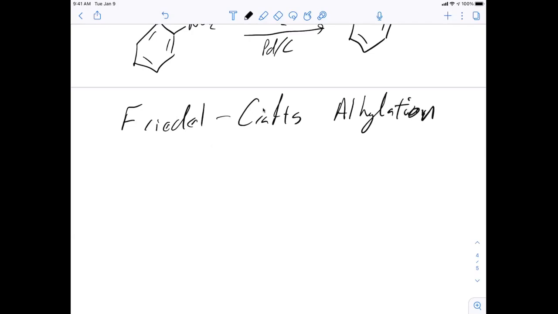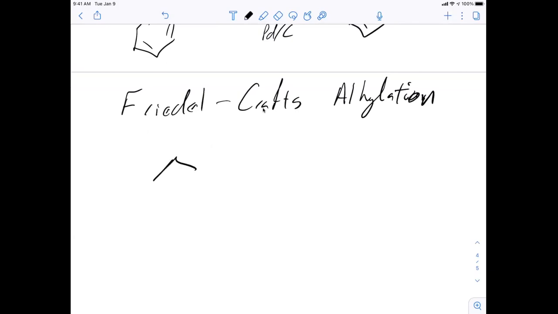Okay, Friedel-Crafts alkylation. Again, aromatic electrophilic substitution.